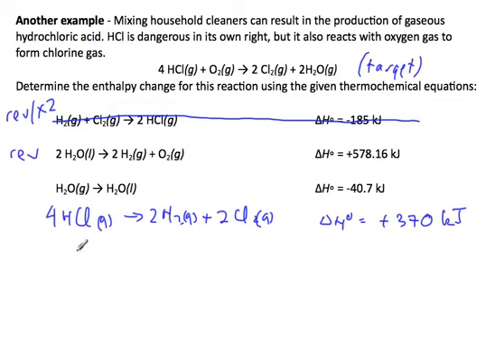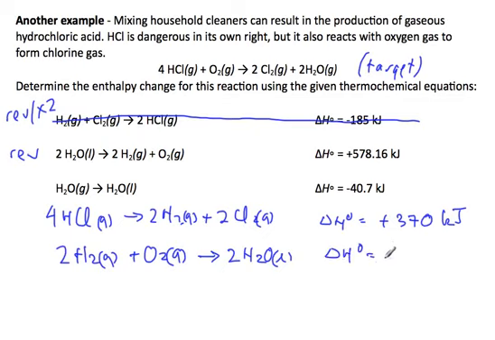And that should get rid of my O2 nicely. So 2H2 gas plus O2 gas yields 2H2O liquid. And so delta H gets reversed, because all I did was reverse this equation. Now it's negative 578.16 kilojoules. And so again, I've changed that equation, so I'm just going to get rid of it, so I don't go back to that one.